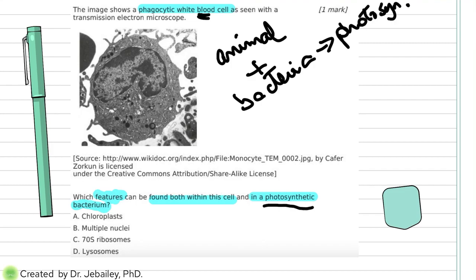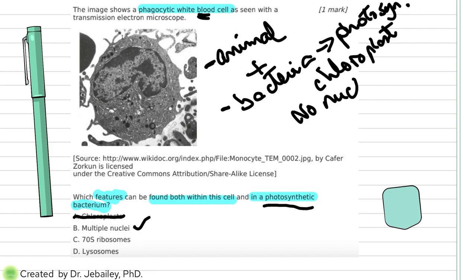And if it does photosynthesis, it means that this bacteria has what? Chloroplast. But animals don't have chloroplast, it's just plants, right? So it's definitely not going to be chloroplast. So I can cancel the first option, because again, animals do not do photosynthesis. But we want to find something that both of them have, animals and bacteria. Multiple nuclei. We know the bacteria has no nucleus, and because of that, we can cancel this.